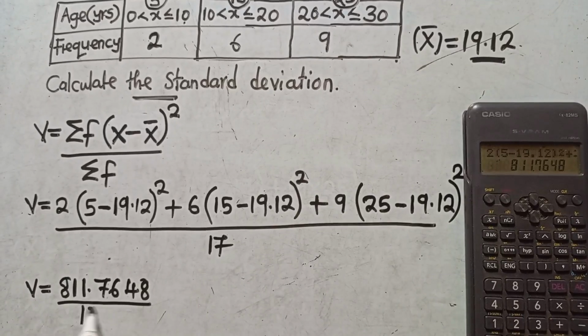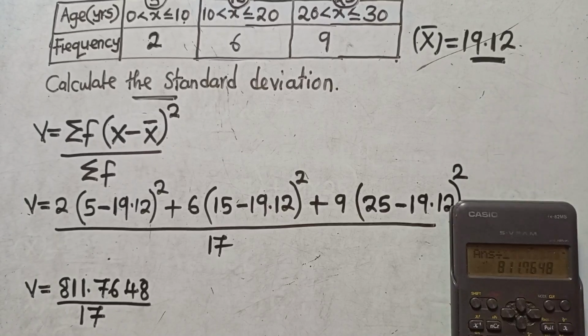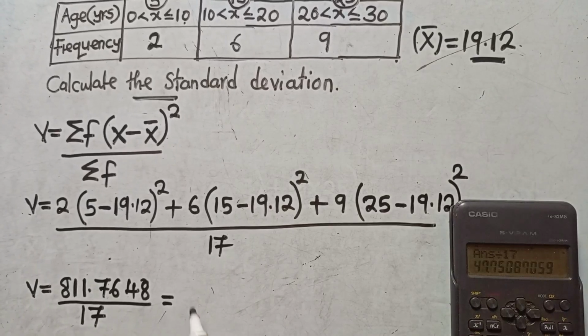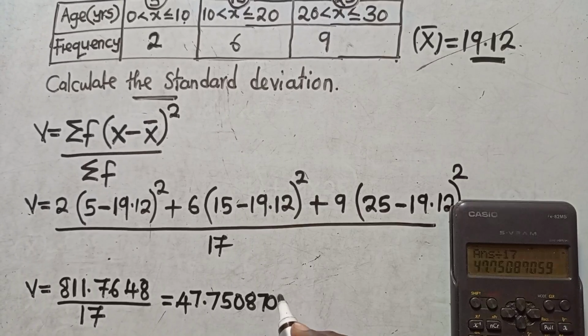I divide by 17. What answer am I getting? Variance is equal to 47.75087059. I'm getting this answer as the variance.